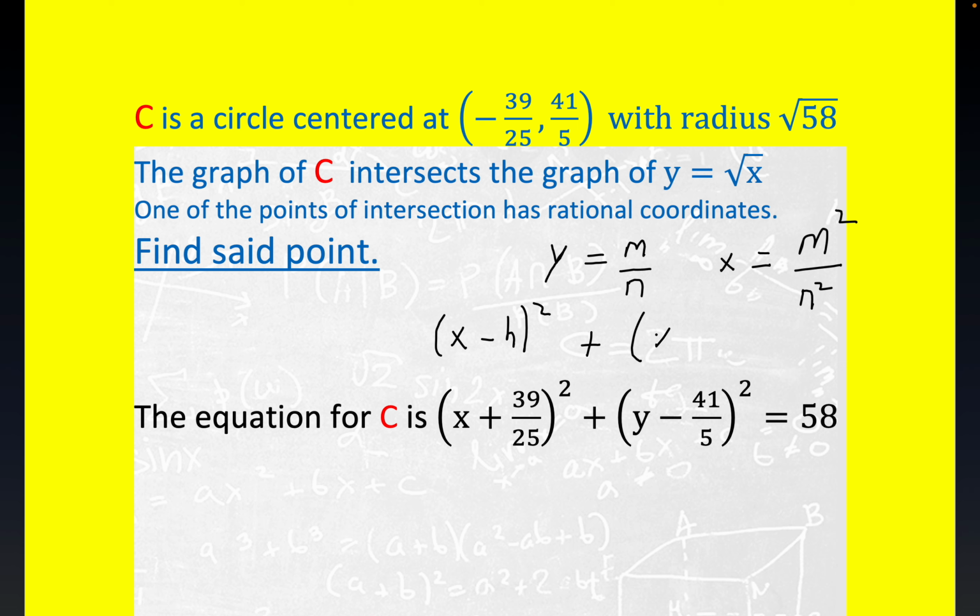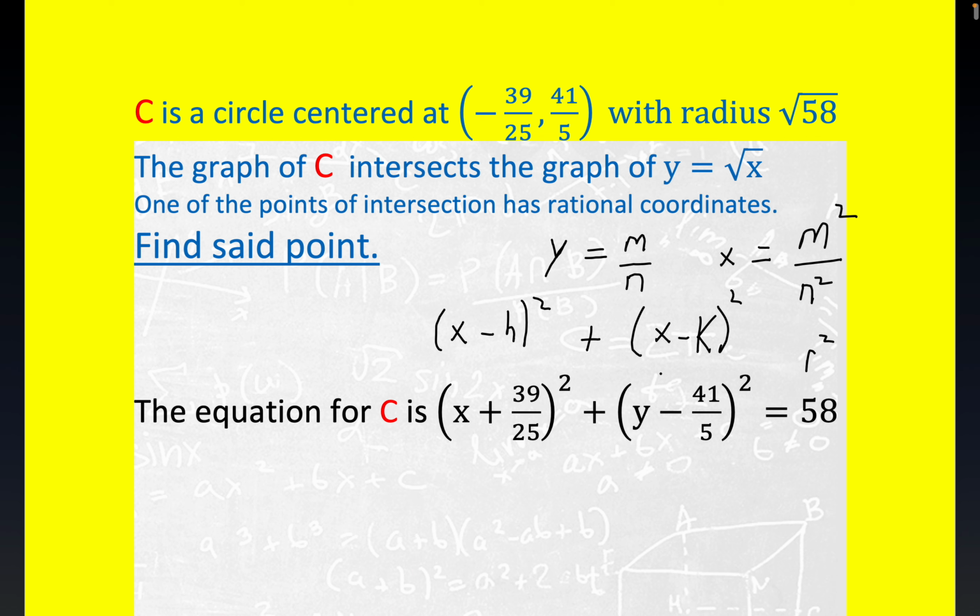This is just the distance formula rewritten with different letters. Then squaring both sides, the radius itself would be the square root of 58. Not that we have to really mess with that too much.